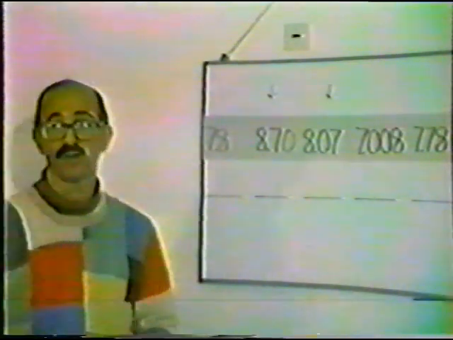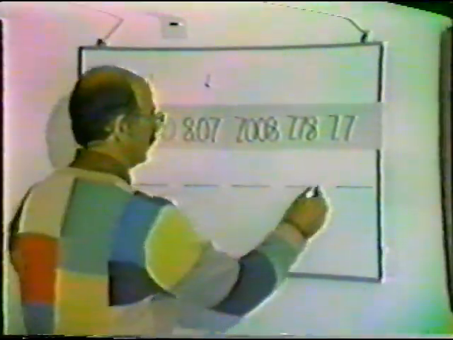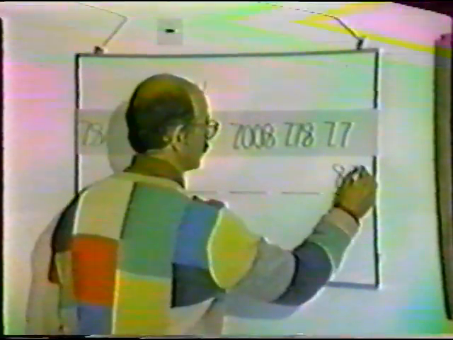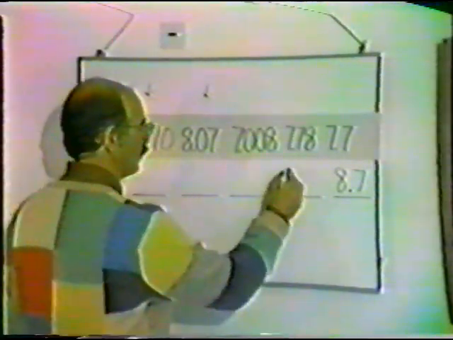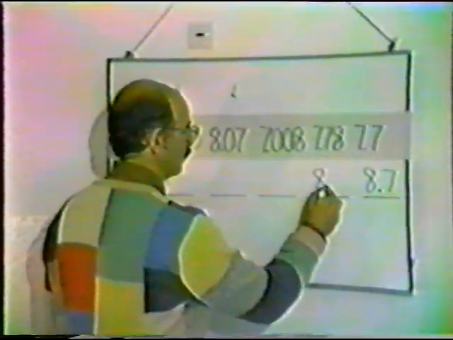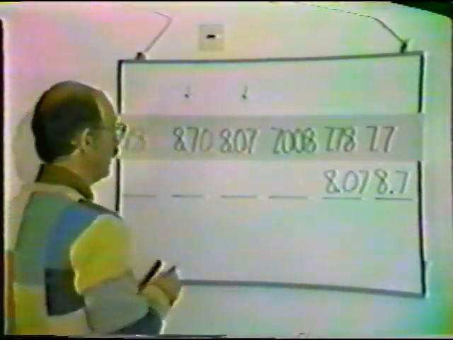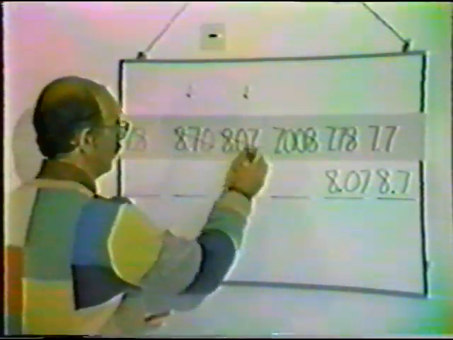Which is the larger of those two numbers? 8 and 70 hundredths. And we'll just write 8.7 because that's the way it was before we added the 0. And the other one is 8.07. And we can cross off those two because we've already used them.